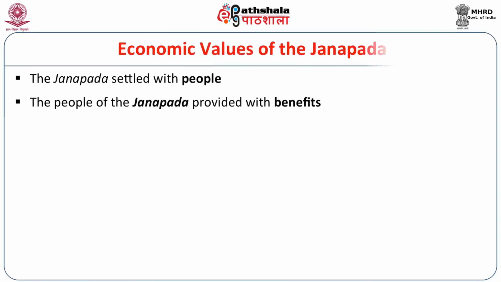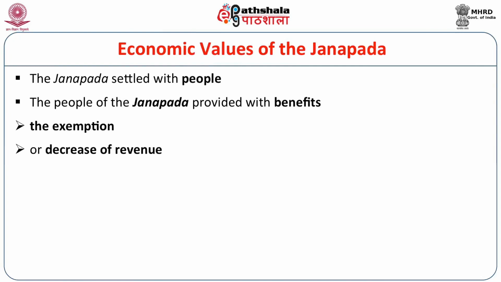The people of the Janapada were provided not only with Shudra populations; there may be people from outside areas also, as well as from areas within the kingdom. So, they must be provided with some benefits. Number 1, exemption, and number 2, decrease of revenue, so that people could be attracted to settle in a newly created Janapada.